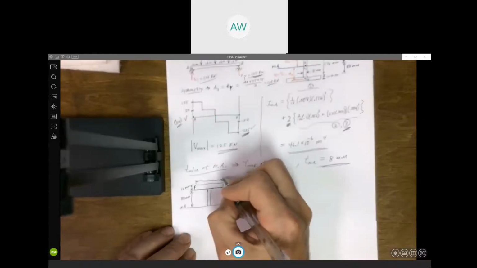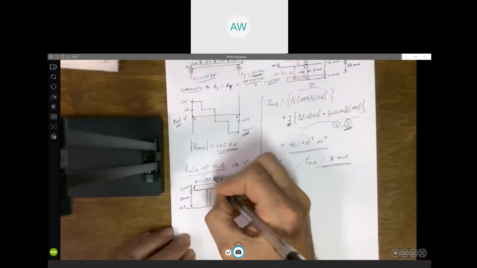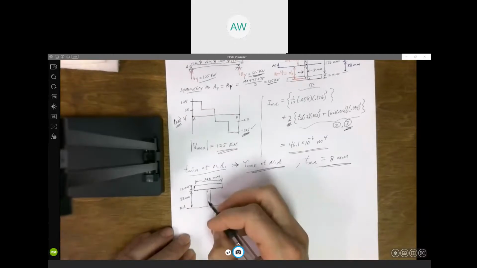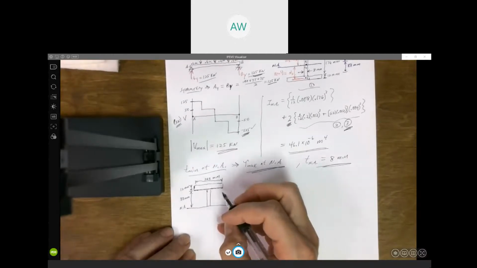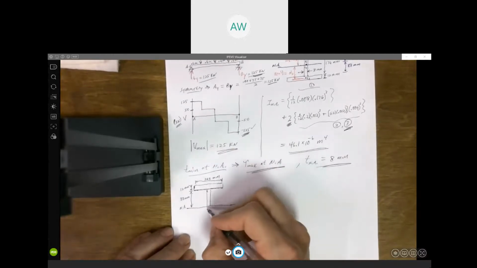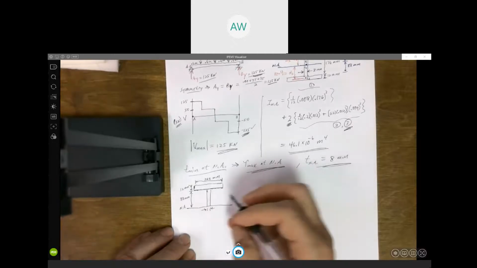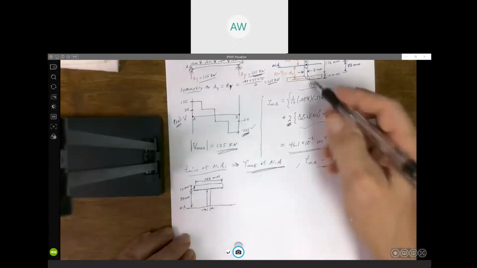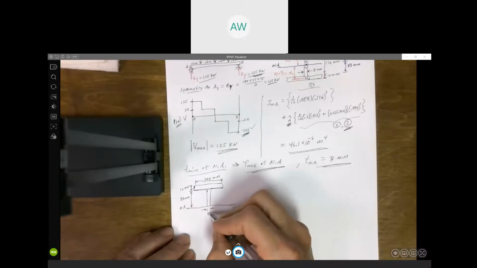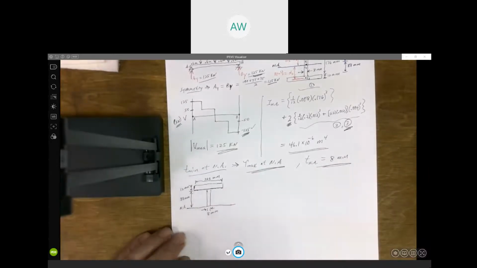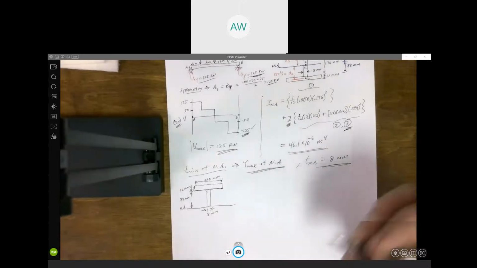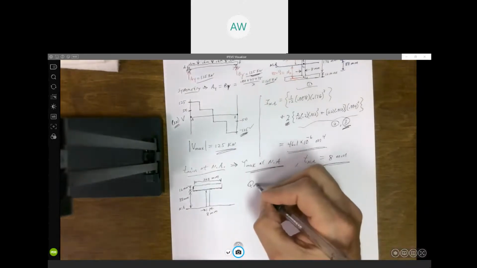And this is 200 millimeters. And I'll just put it down here. The thickness there is also, no, it's not 12, it's 8 millimeters. So this is how we find Q, right? This is what we want, Q at the neutral axis.